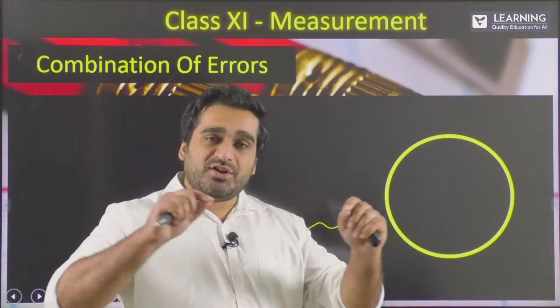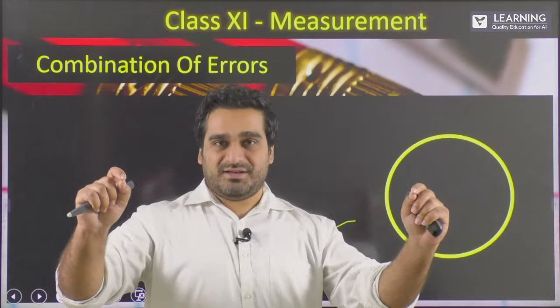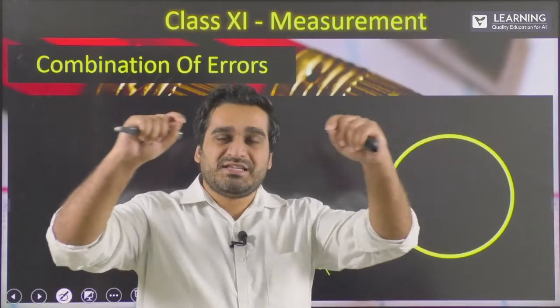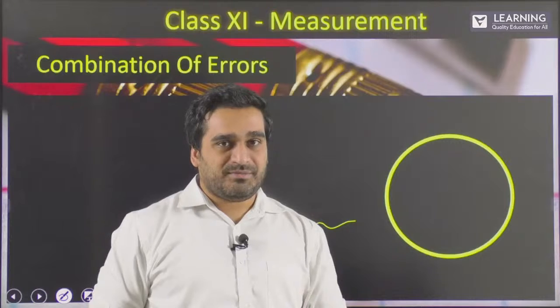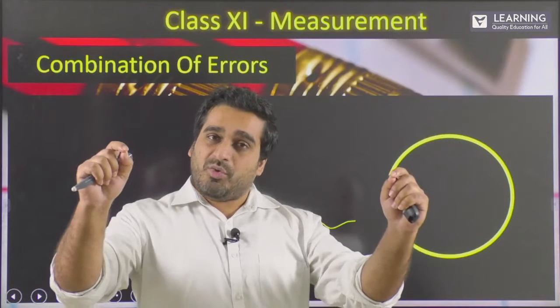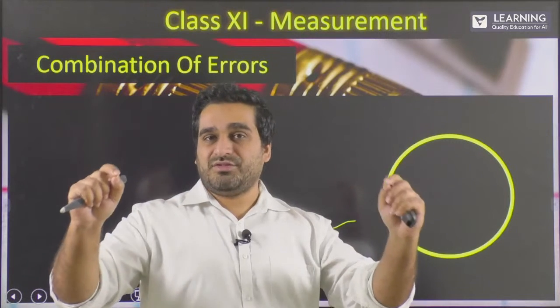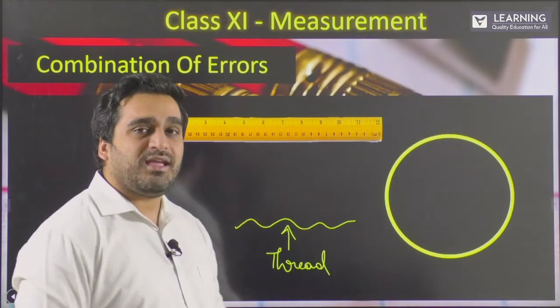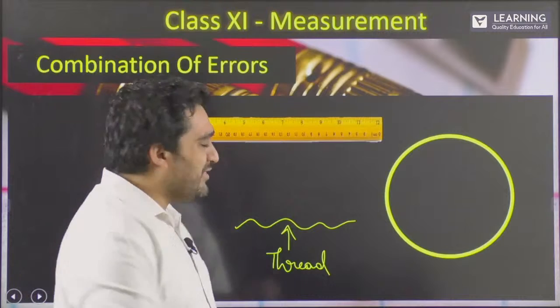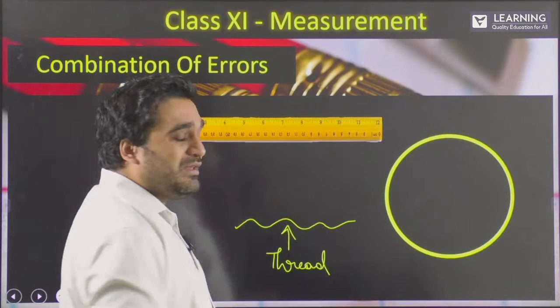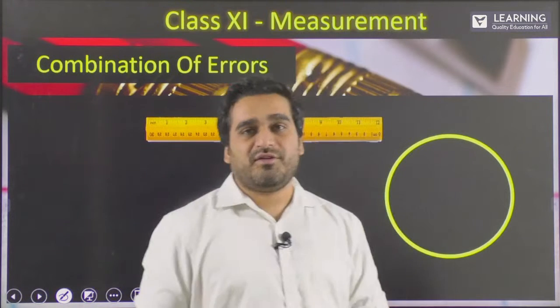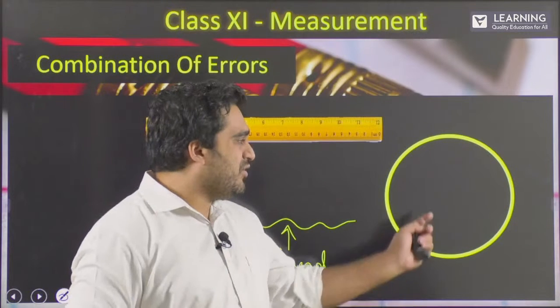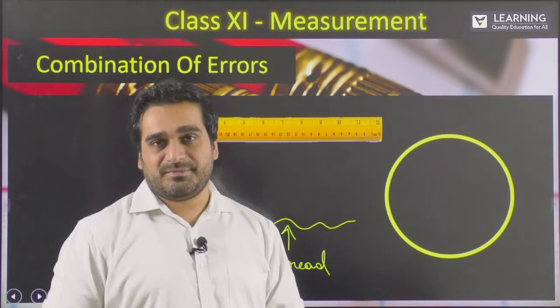You will measure how much of that thread measures the boundary of that circle. Once you have acquired that particular length of the thread, you can compare its length with the standard scale. And this scale will give you an approximated value of the measure of the circumference of a circle.